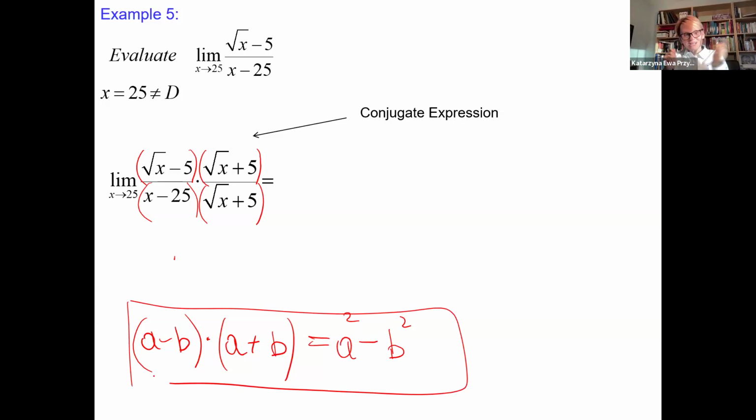Please know, when we have a conjugate, that's the quick way. So we will definitely FOIL and multiply that conjugate, because we may simplify.